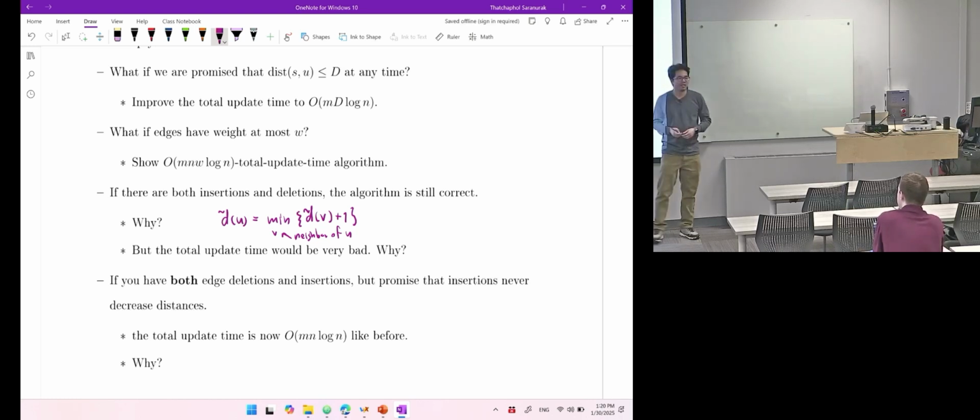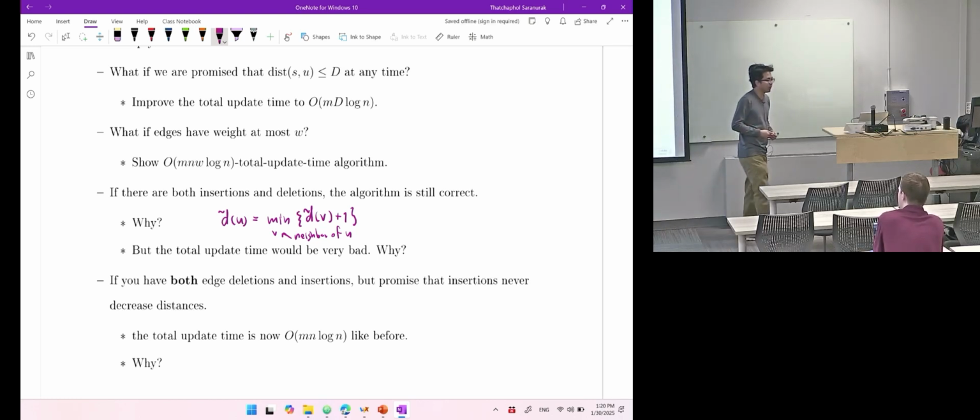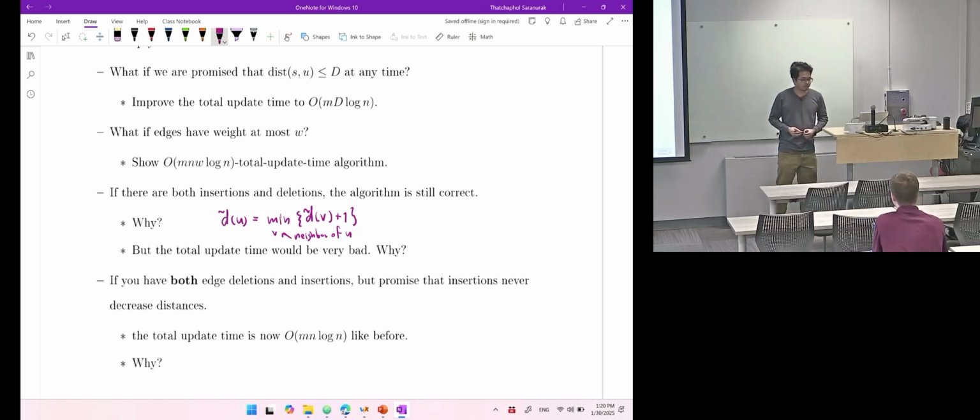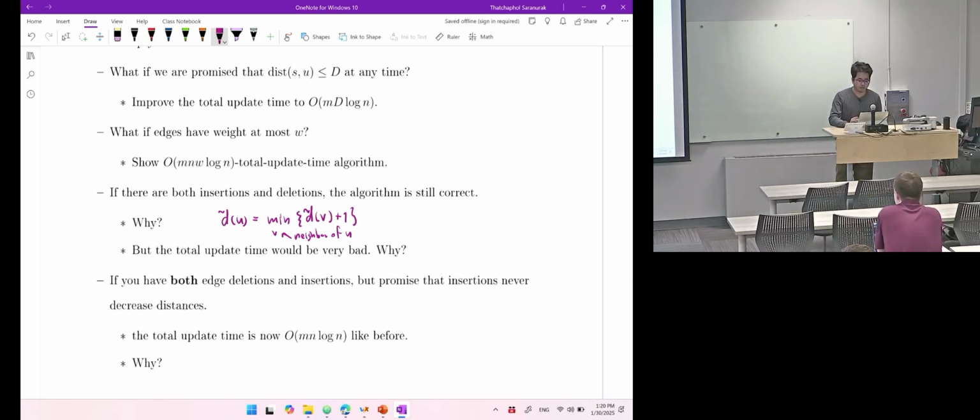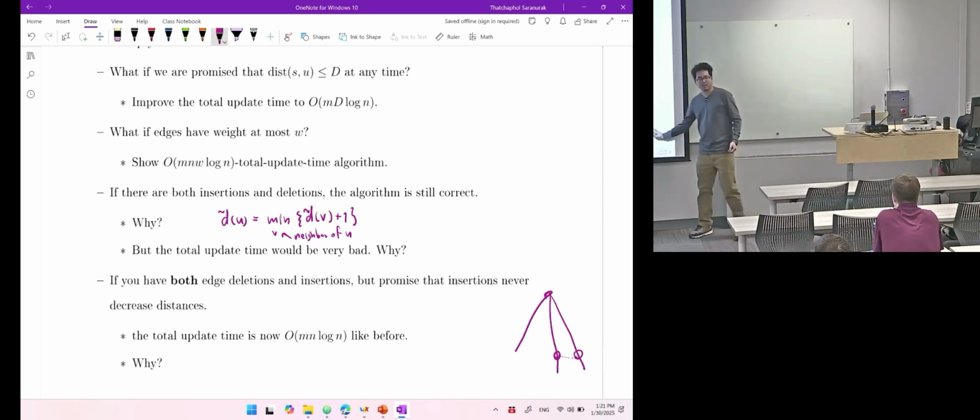Yeah. What does it mean to promise that insertions never decrease distances? Because I feel like if you insert a new edge anywhere and then end up deleting all of the other edges to that node, it will necessarily have increased distance at some point. So, for example, if I look at my shortest path tree, and I promise that I'm just going to insert edges only between two nodes with the same level, that never helps create any new shortest path.